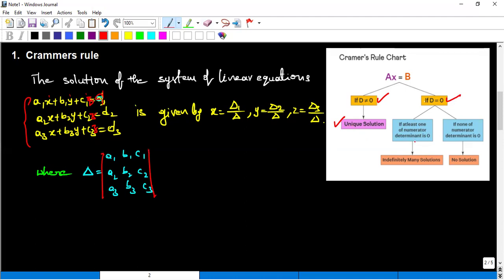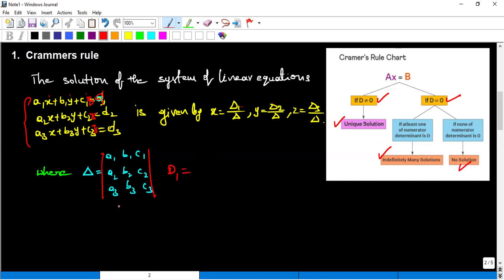You need to find d1, d2, d3, which we call delta 1, delta 2, delta 3. What are these? We'll see. If at least one is 0, you will have infinitely many solutions. If none of the numerators d1, d2, d3 is 0, then you can tell it has no solution.